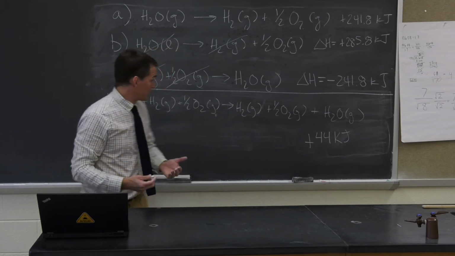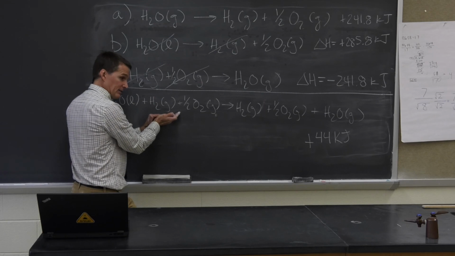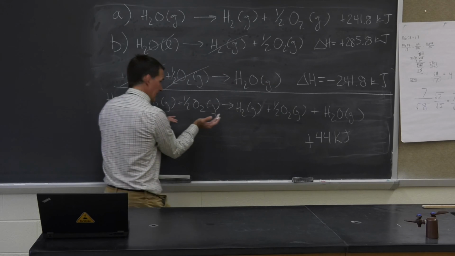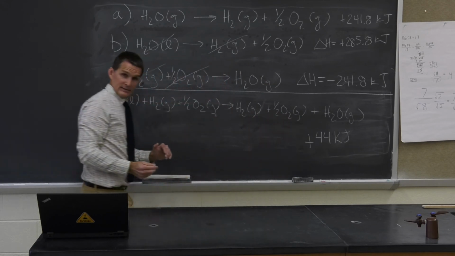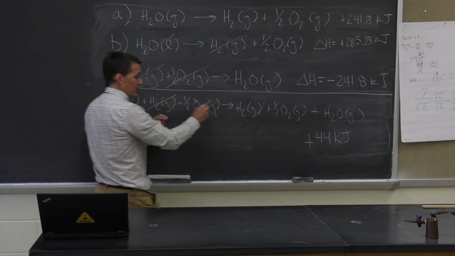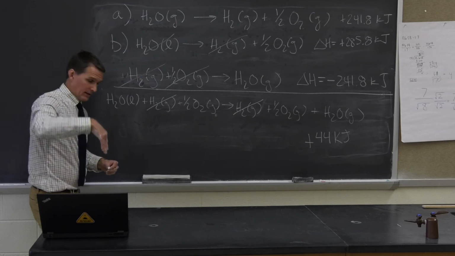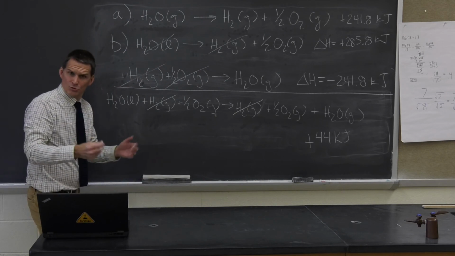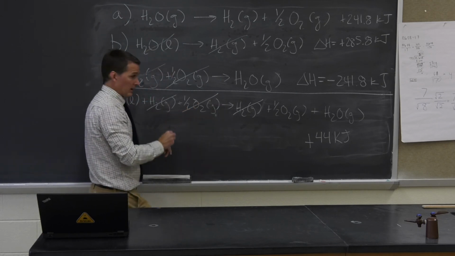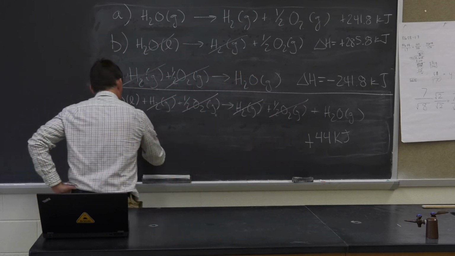But you might remember, I've told you before, that if you have a reaction where you have identical reactants and products in the same phase, you get to cancel them. So here on the reactant side, I have H2 gas, and here on the product side, I have H2 gas. So they cancel. It's like a quarter going in and a quarter coming out of the vending machine. There's no change. I'm going to do the same thing here for 1/2 O2. Cancel the 1/2 O2, cancel this 1/2 O2, and look what we have left over.